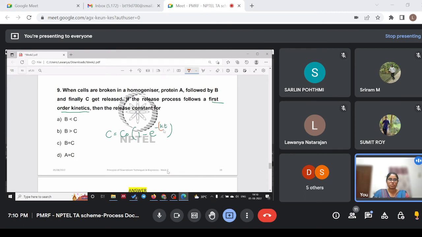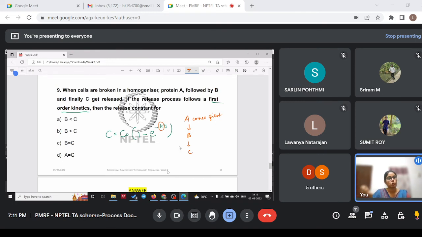So think about this particular thing. They're saying that A comes first, followed by B, followed by C. Comes as in it is not going to literally come out in a train-like fashion, one after the other.